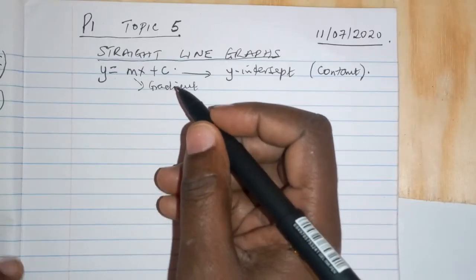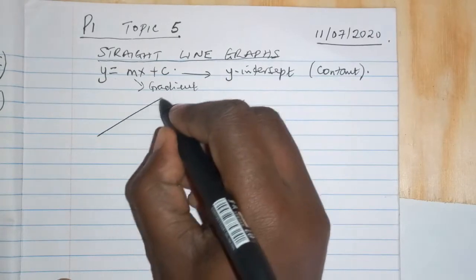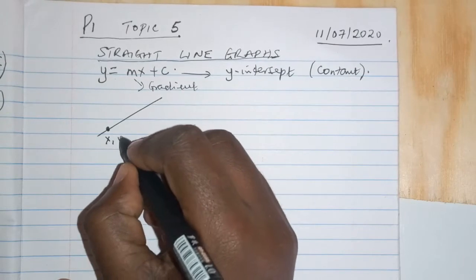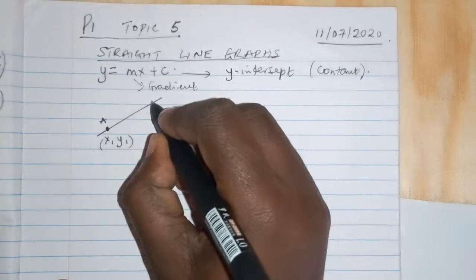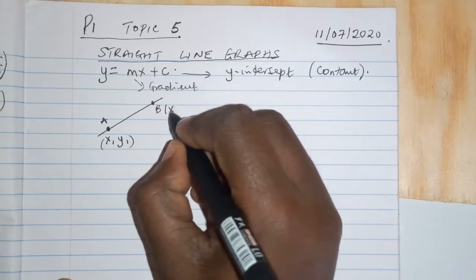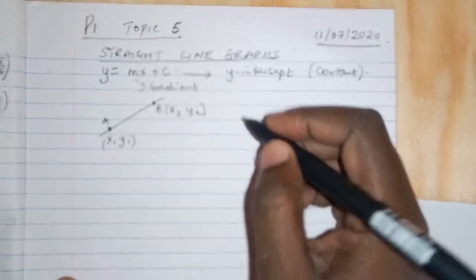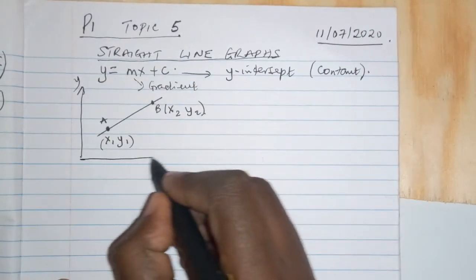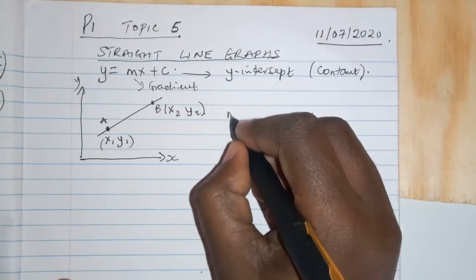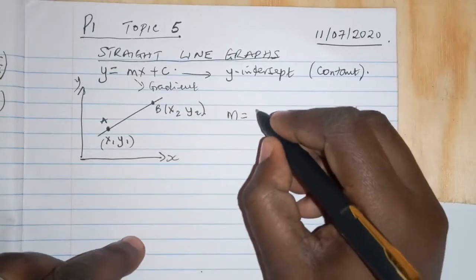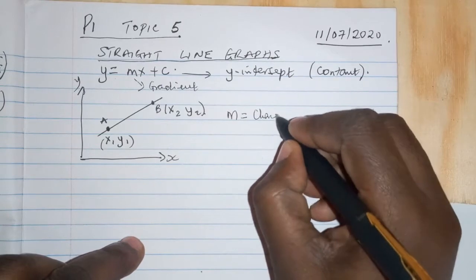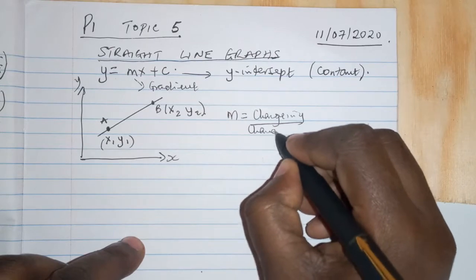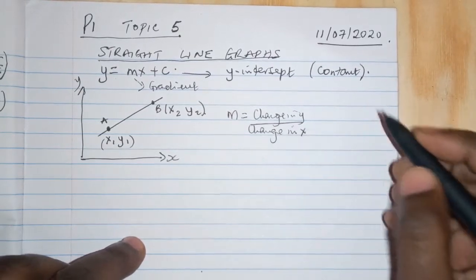If you have a straight line of this nature, with point A at coordinates x1, y1, and point B at coordinates x2, y2, with the y-axis and the x-axis, then the gradient m is always given by the change in y over the change in x.